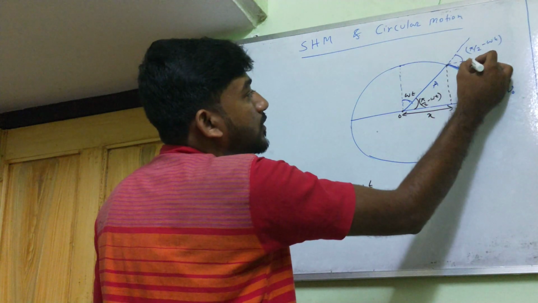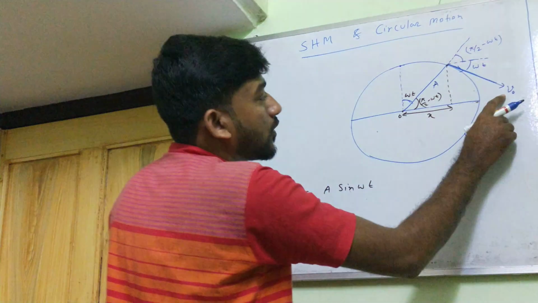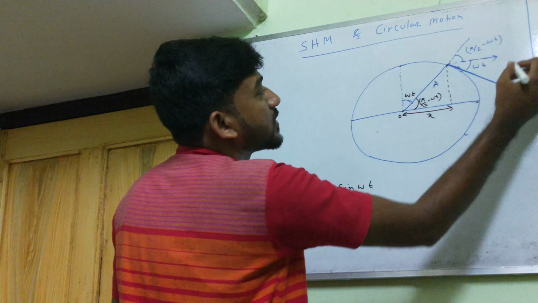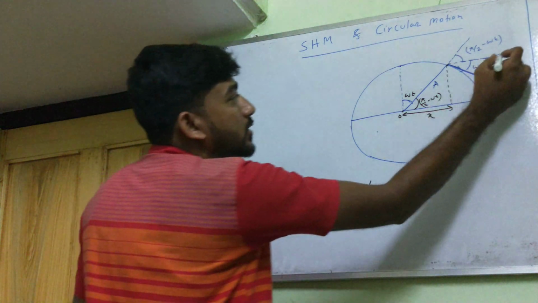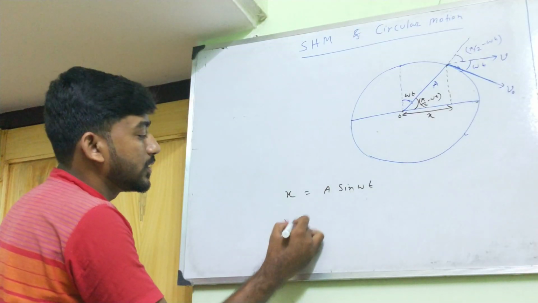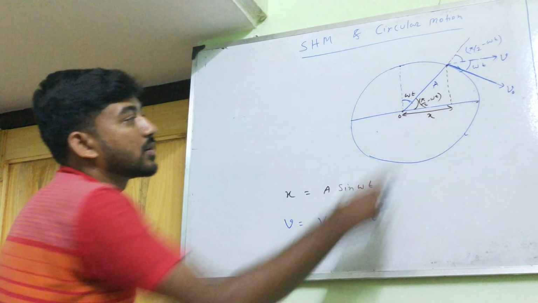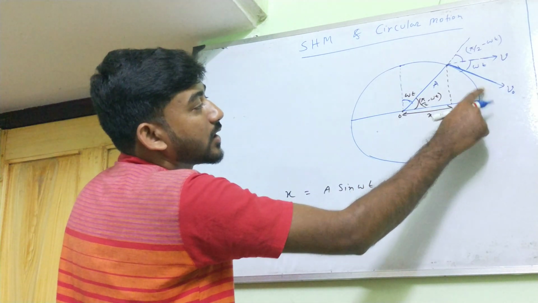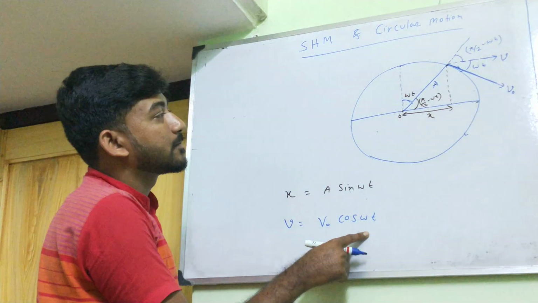So this angle will be omega t. And now the component of v0 along this direction, if we take it as v, then v is nothing but v0 cos omega t. As you can find, the component of v0 along this direction is v0 cos omega t.